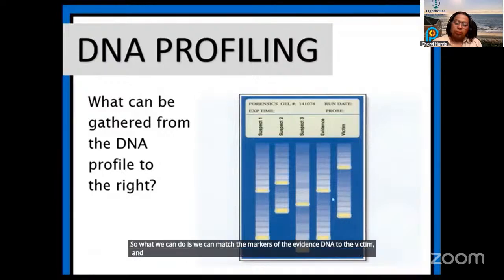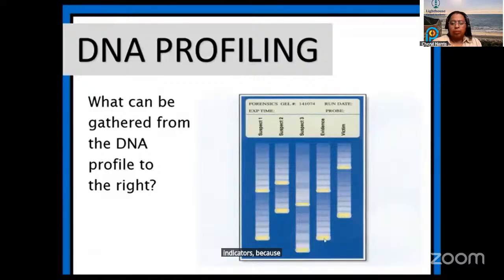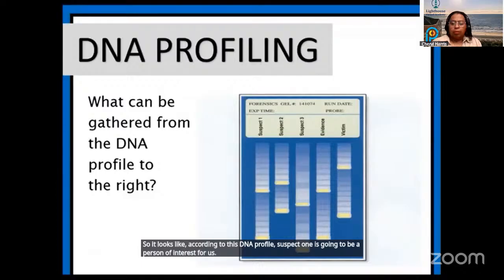And what I can see here is the victim is not the donor of this crime scene DNA, which is helpful to investigators because if they can figure out who is the donor, then they have what's called a lead and they can follow up on that lead. According to this DNA profile, suspect 1 is going to be a person of interest for us.